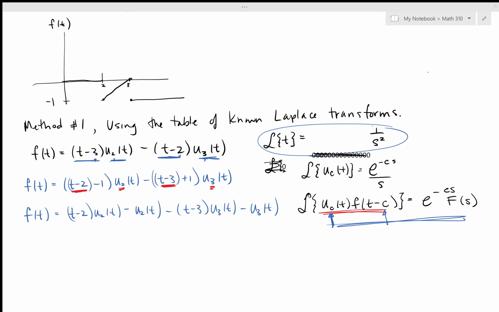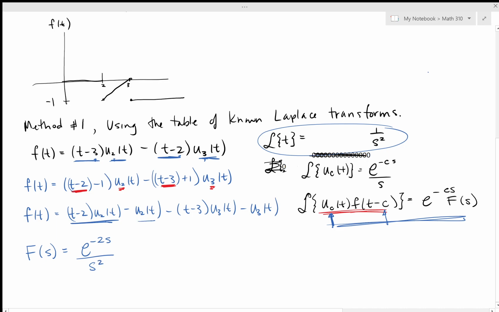I'm going to write here F of s, the Laplace transform of f of t is, and then looking at this one here, that is going to be the delayed version of t by 2. So that's going to be e to the minus 2s, and then the Laplace transform of t, which is 1 over s squared.